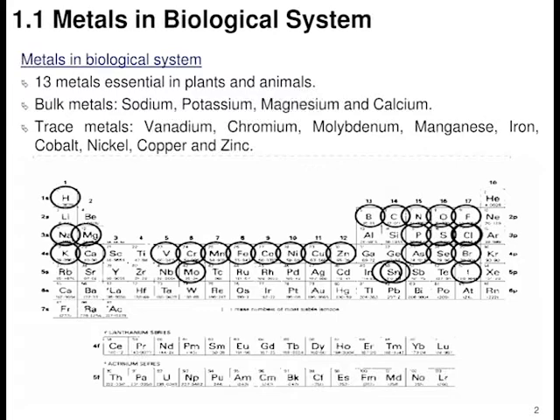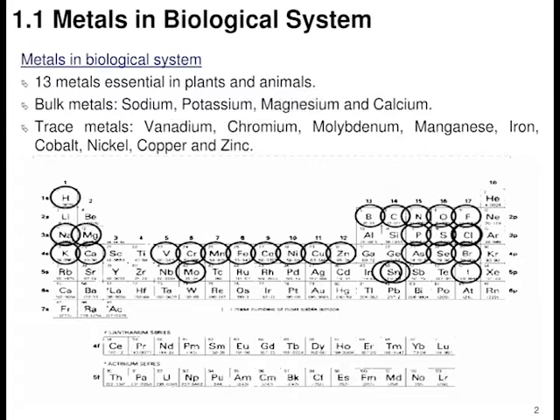These are the bulk elements that are found in our body. Phosphorus is also important because it is implicated in ATP synthesis, which is needed for energy production. But besides the main important elements, we also have 13 trace metals that are essential in plants and animals.